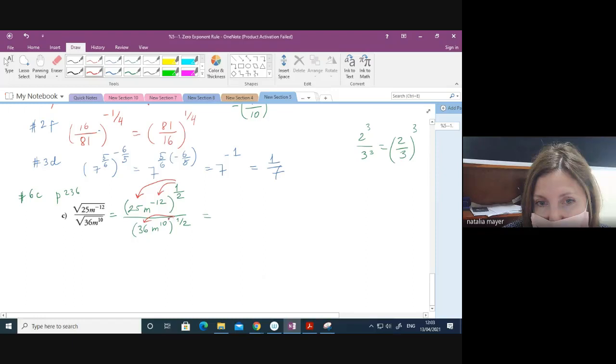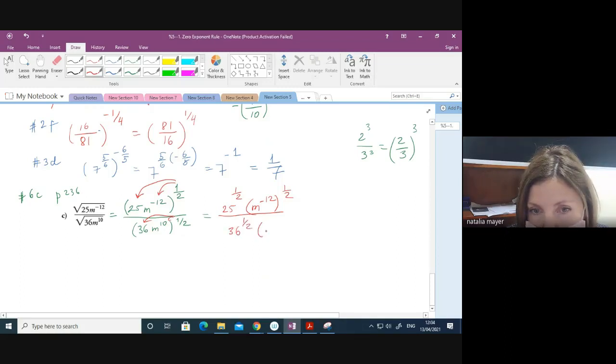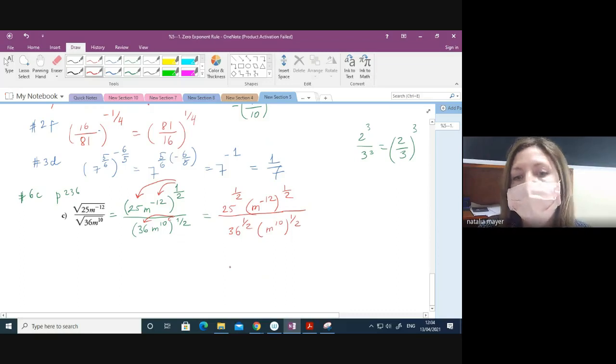So we get 25 to the power of 1 over 2, m to the power of negative 12, all to the power of 1 over 2, over 36 to the power of 1 over 2, and m to the power of 10 to the power of 1 over 2. So tell me, what is 25 to the power of 1 over 2?